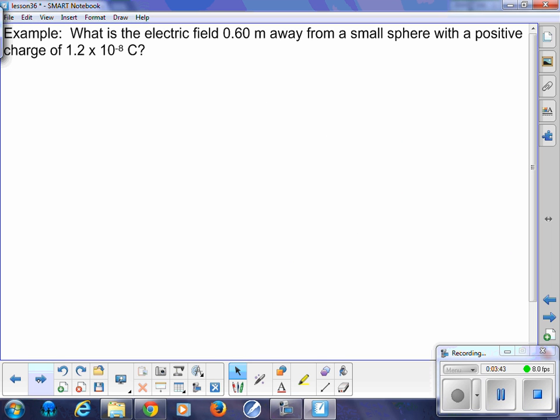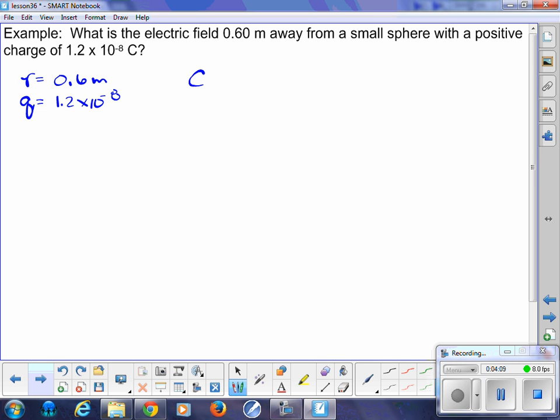Moving along, let's take a look at its application. What is the electric field strength 0.6 meters away from a small sphere with a positive charge? What are we given here? I know an r, a distance, and I know the charge of my source. K is a piece of given information.